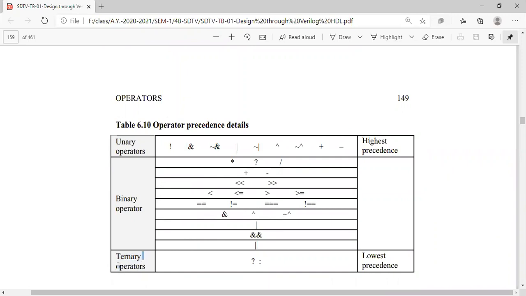In the binary operators itself, the highest priority will be for this, later plus and minus, then right shifts and left shifts, next relational operators like greater than or equal, and then the equalities. These go from the highest priority to the lowest priority. It has to perform these operations first, then these, and at last the ternary operators.